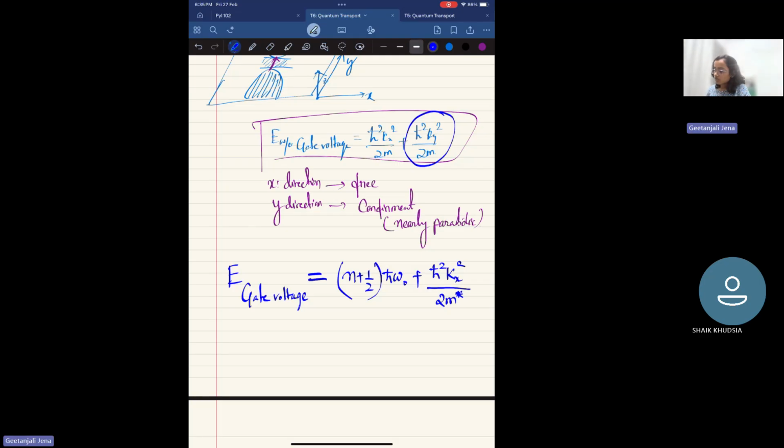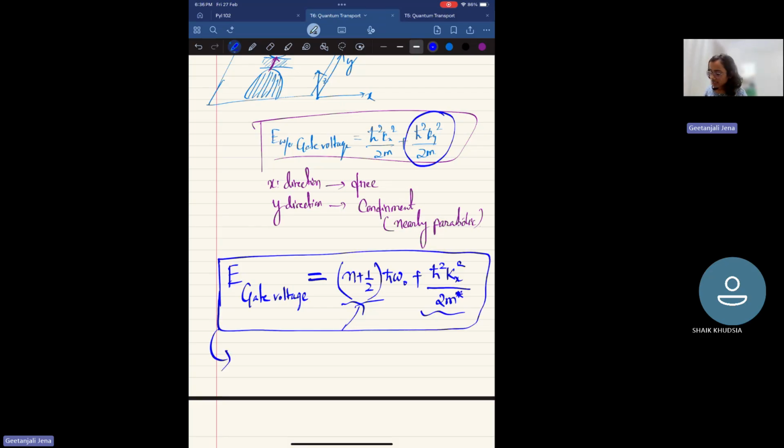In the y direction there will be confinement, and in the x direction the particle will move freely, as it did before. Because of this energy quantization, this will create a series of bands, and the energy spacing between these bands is on the order of milli electron volts.